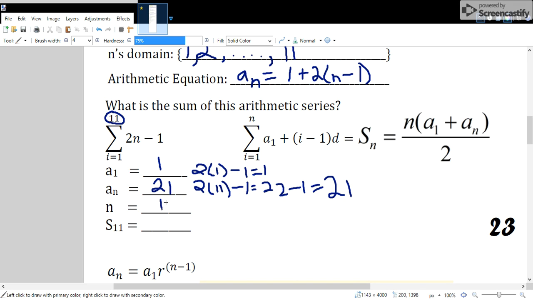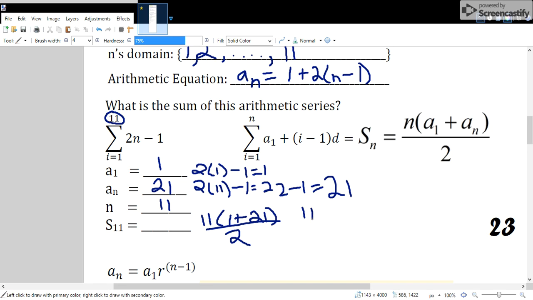N is 11, and so the sum of the first 11 terms of this sequence will be put in like this. N, which is 11, times a of 1, which is 1, plus a of n, which is 21, all divided by 2.